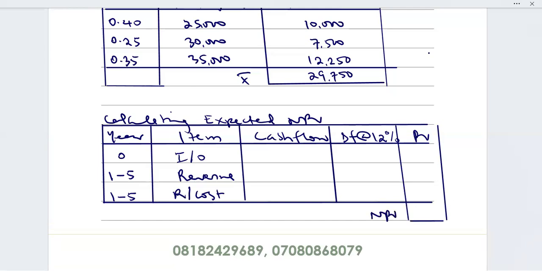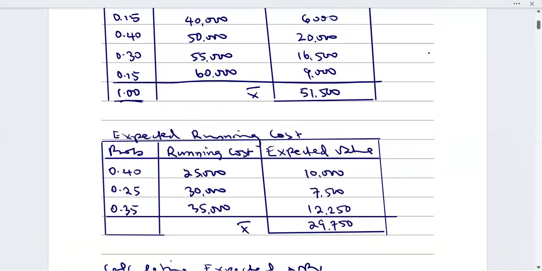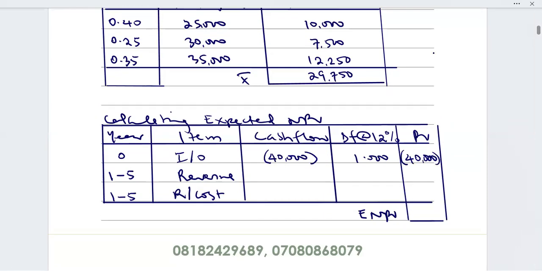That's the NPV, the expected NPV. So the initial outlay is 40,000 naira, multiplied by 1: 40,000. Expected revenue, we got 51,500. Expected running cost is 29,750.